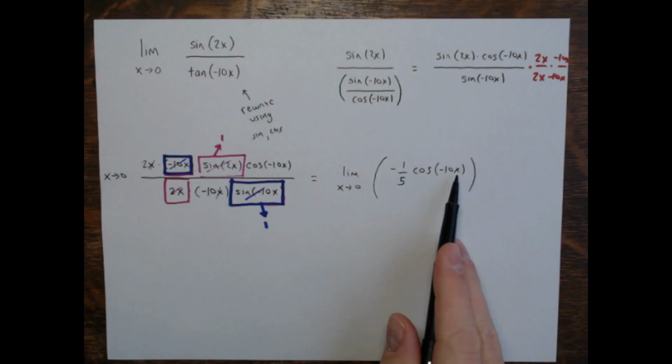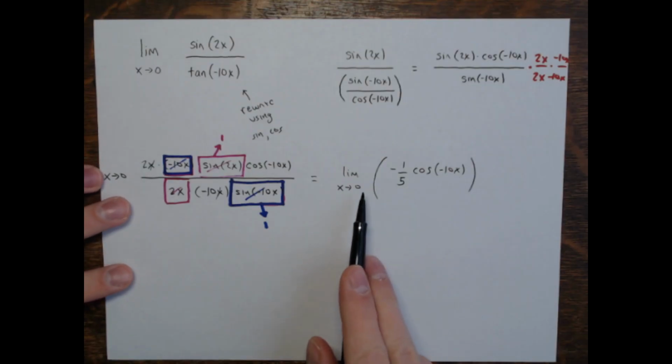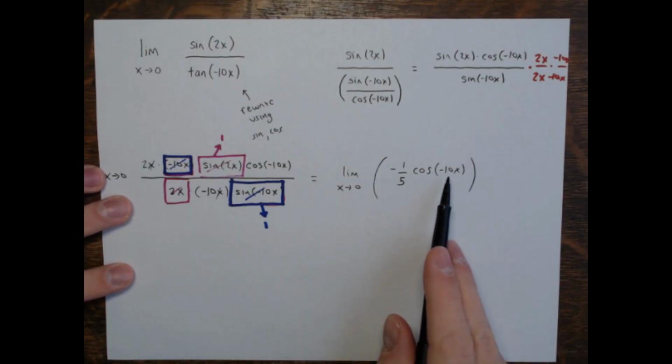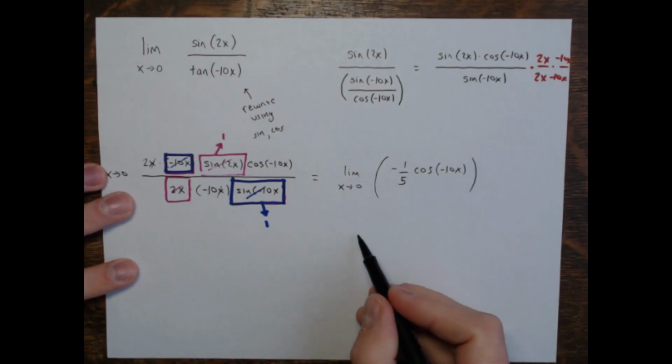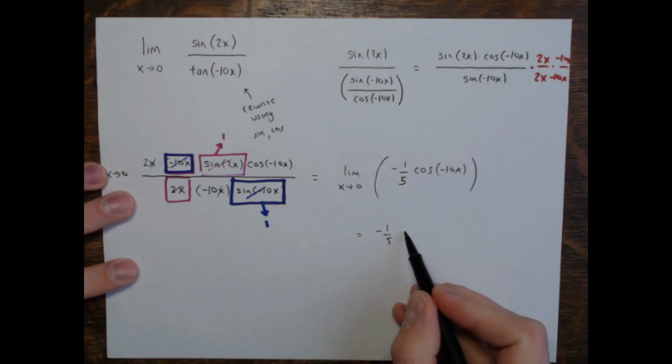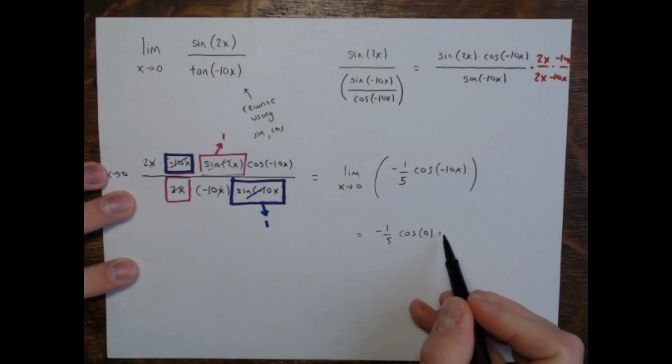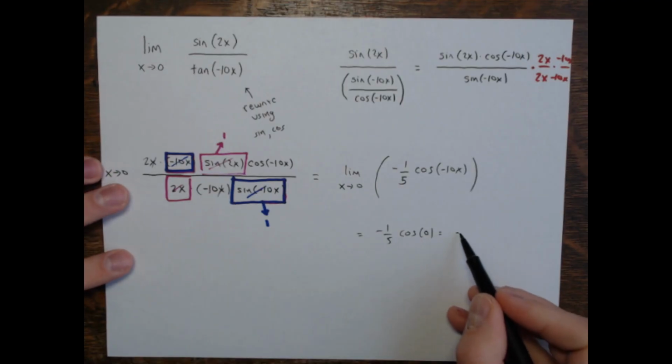You can actually do a limit law here, direct substitution, one of those composite function laws. So as x approaches 0, this will approach the cosine of 0. So this is negative 1/5 times the cosine of 0, but remember the cosine of 0 was 1. So this ends up being negative 1/5.